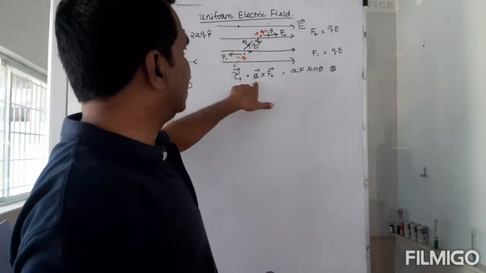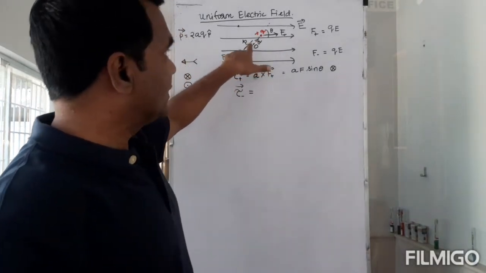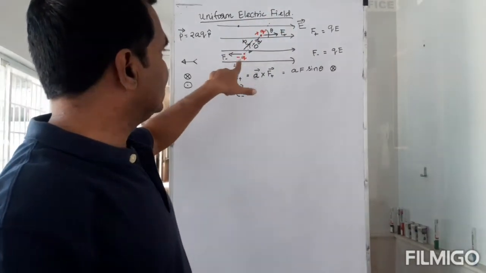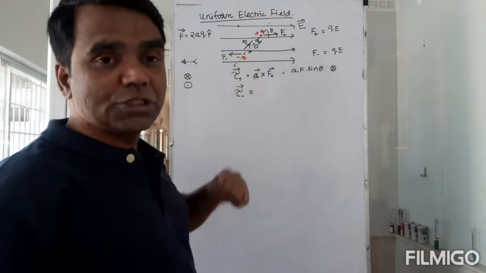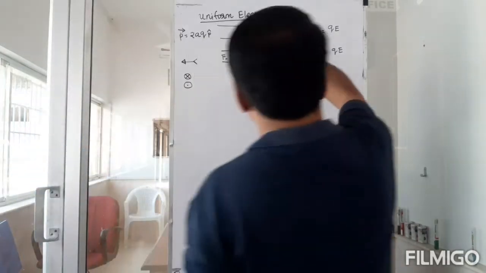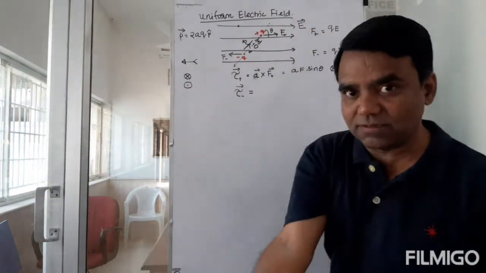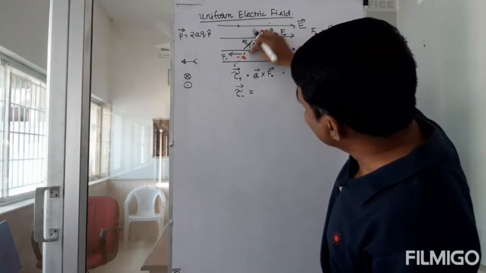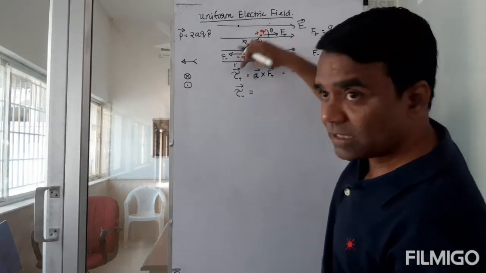So A in this case is in the same direction as P. But A in this case is in the direction opposite to P, because this A goes like this. But P is in this direction, negative to positive. If we take this A direction, it's down.